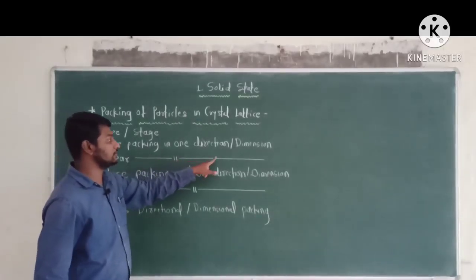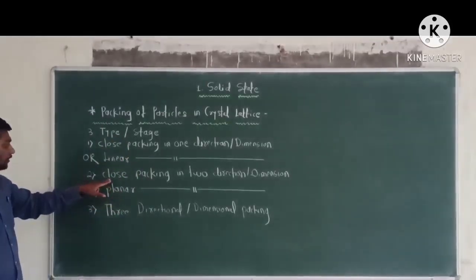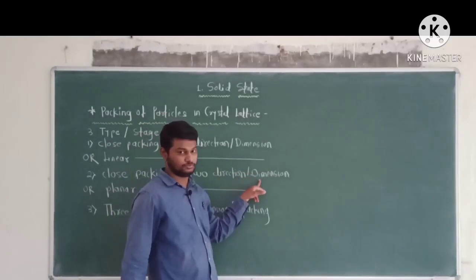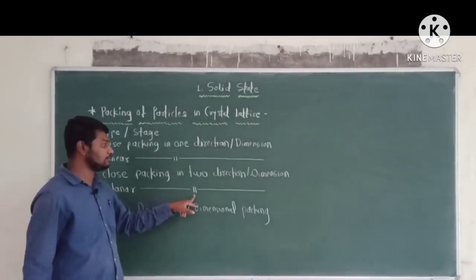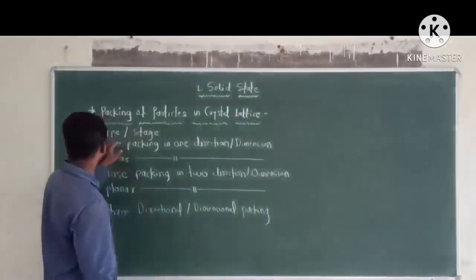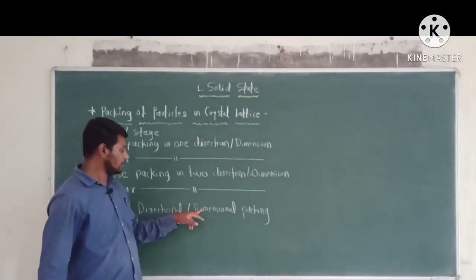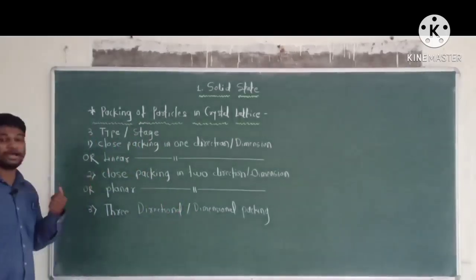Second is close packing in two directions or dimensions, which is also called planar packing. And third is three dimensional packing. So let's discuss one by one.